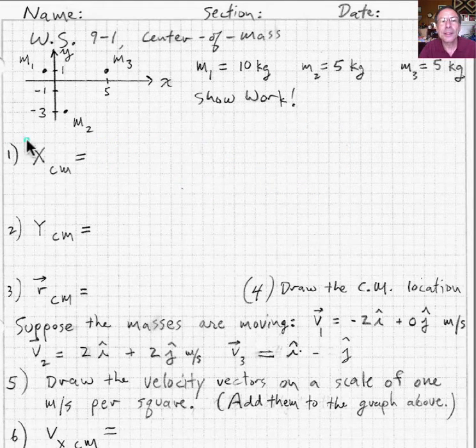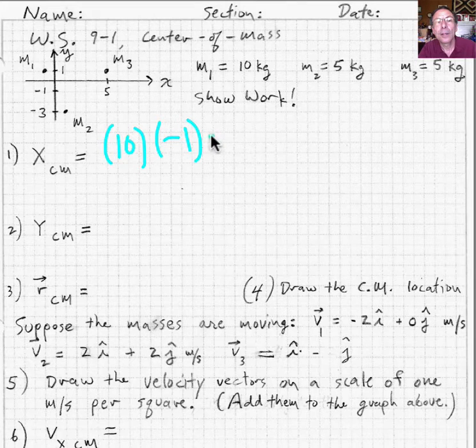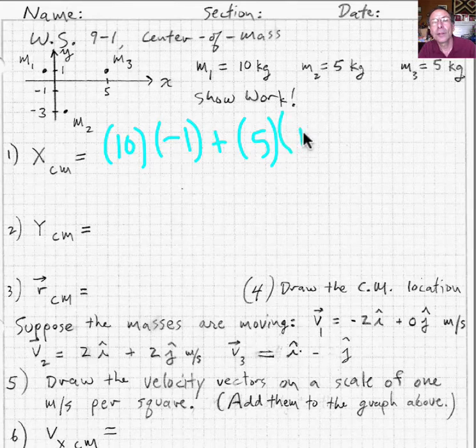Okay, so let's see. This is going to end up being mass 1. All right, so 10 times -1 plus, okay, so that takes care of mass 1. Let's do mass 2, 5, and its x-coordinate is +1.